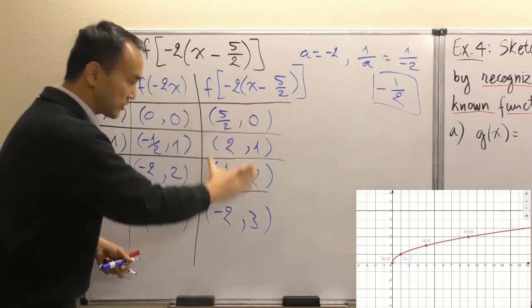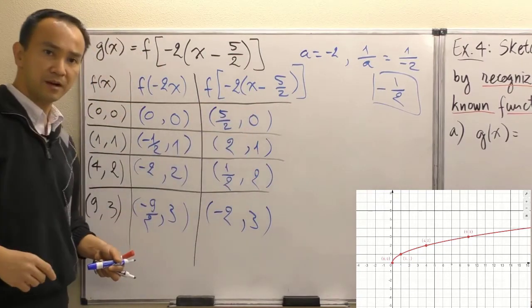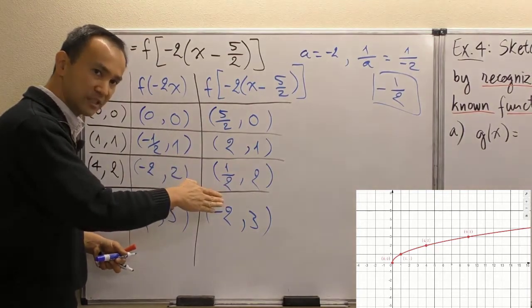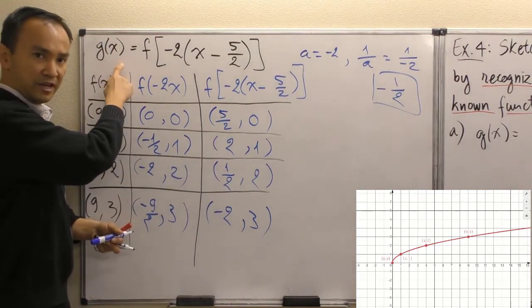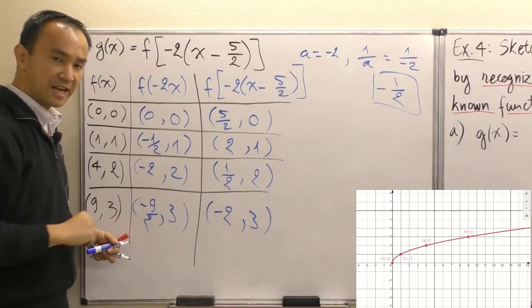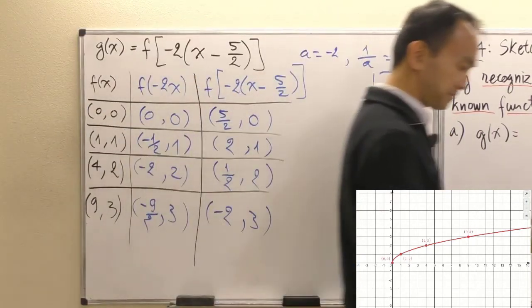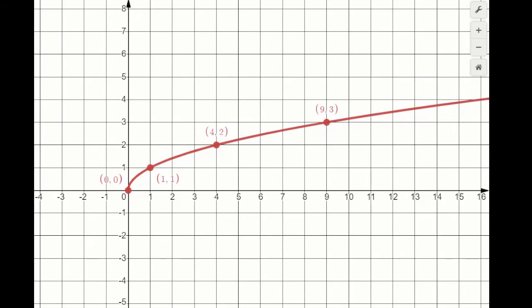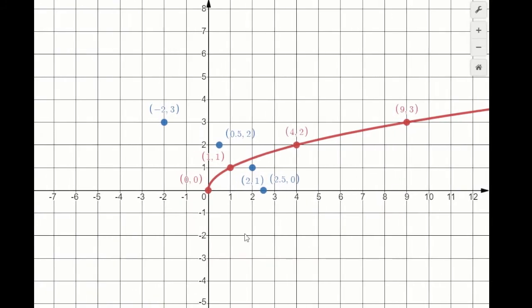So now this is the final list of the guiding points, and these are the guiding points of the final transformed g of x. Okay, so now we are ready to put that on the actual graph. All right. So now with the graph of our original parent function, let's now show the guiding points that reflect the transformation.